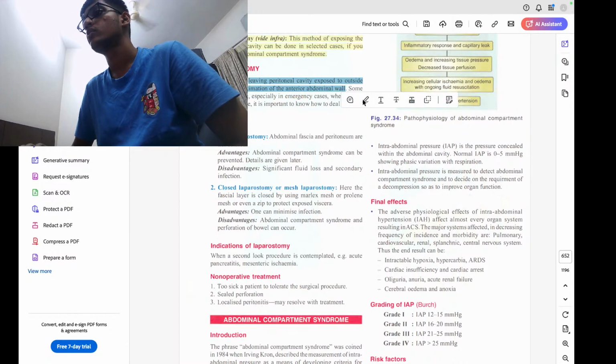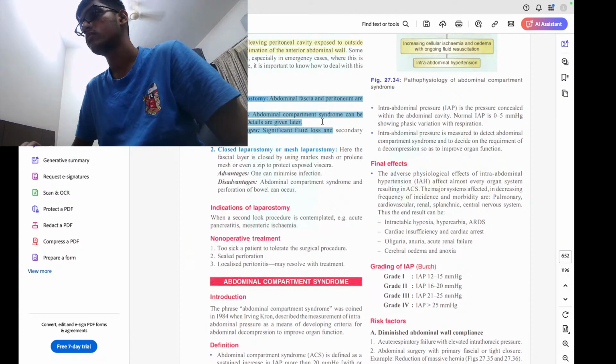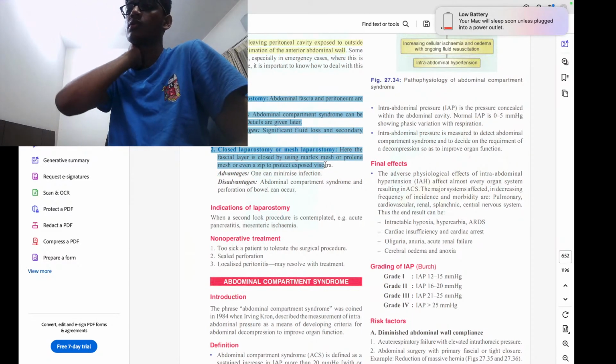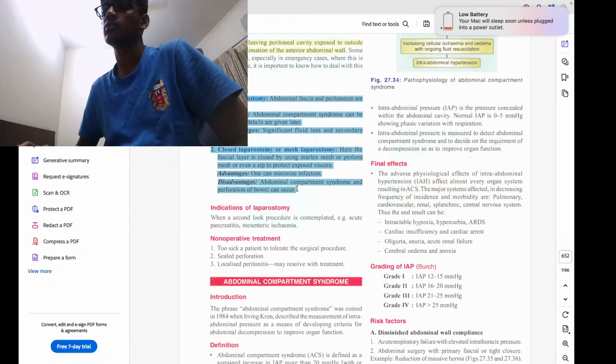Laparostomy is leaving the abdomen open without approximation of the anterior abdominal wall. Open abdomen, peritoneum not sutured. Abdominal compartment syndrome is prevented when there is significant fluid loss and severe infection. Closure is using a Bogota bag or zip to protect the exposed viscera. This can minimize infection; however, abdominal compartment syndrome and perforation of the bowel can occur.